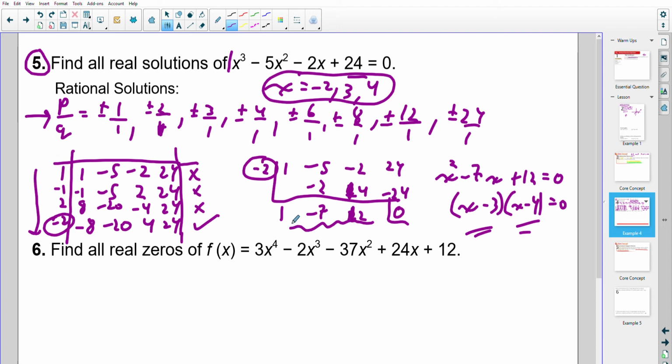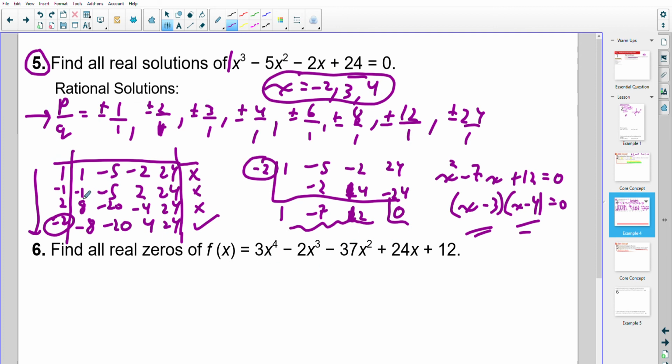Now, if, for example, you get one answer, 0 using P over Q, at that point, you can use synthetic division to get this equation. But it's possible that this may not be factorable. Now, if that's the case, then use your graphing calculator and get the other zeros.